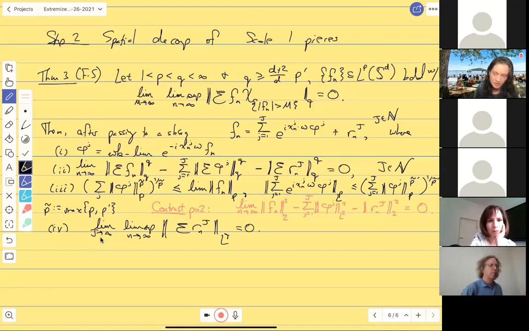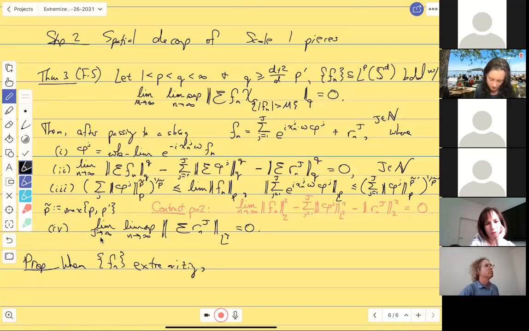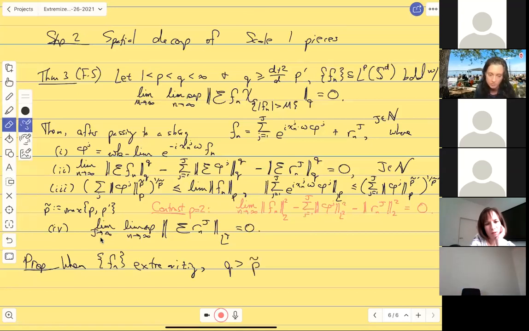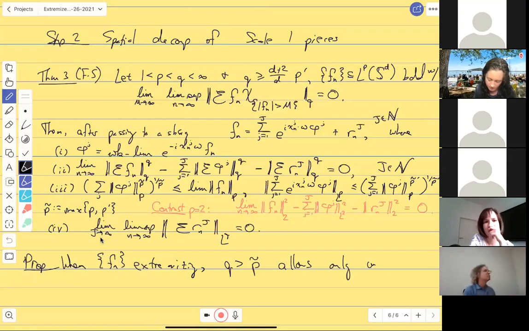And so as a corollary, we obtain the result about the existence of extremizers. So Q greater than P twiddle allows us to show there's only one profile, and that LP convergence holds.